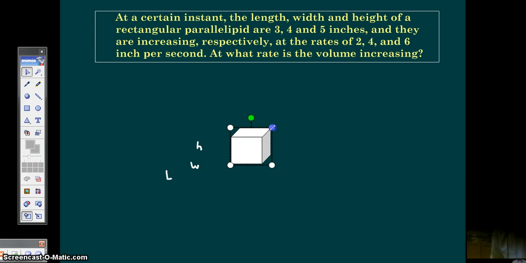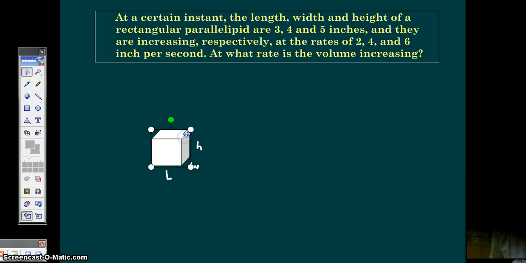So we should come up with an equation relating the rates of change of the volume with the rates of change of all the dimensions. Let's start with what we know. The volume of a rectangular parallelepiped is length times width times height. Now we have the equation, so we proceed to differentiating it implicitly with respect to time.